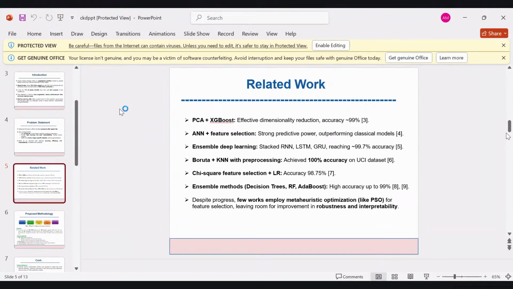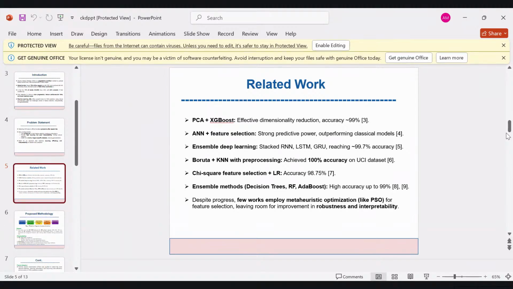ANN plus feature selection: the artificial neural network has strong predictive power and outperforms the classical models. Third is neural networks with feature selection. Fourth is ensemble deep learning models, which showed a high accuracy of 99.7%, and some methods like Boruta plus KNN reached 100% accuracy.